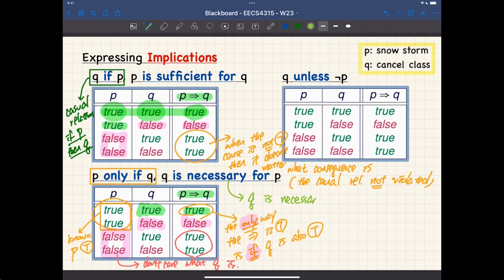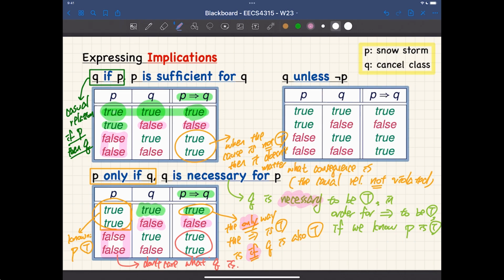It's necessary to be true in order for the implication to be true, if we know exactly P is true. You can see I'm trying to use the word necessary.